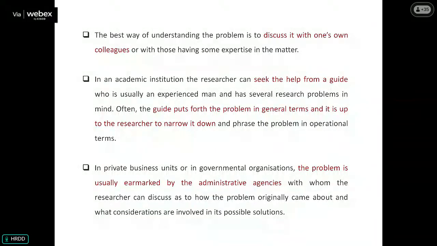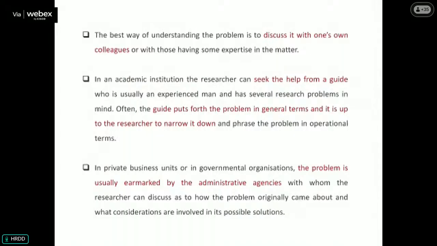In an academic institution, the researcher can seek help from a guide. The guide is just going to help you in formulating the problem, because at the initial stage you are coming in and you do not have the complete area. So this is one of the methods by which you can be helped. Seek the help from a guide who is usually an experienced man and has several research problems in mind.